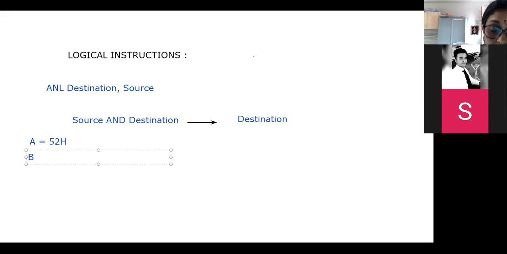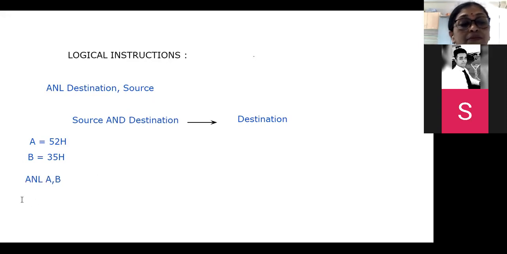If this is the case, and we execute the instruction ANL A, B, then the AND operation between 52H and 35H will be carried out, and the result will be stored in the accumulator.